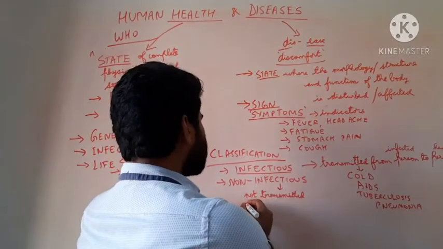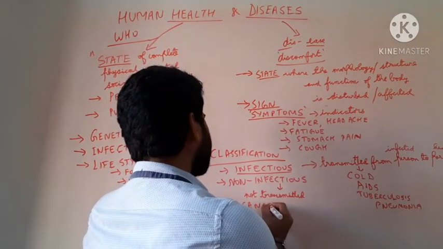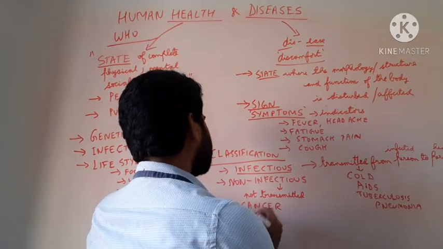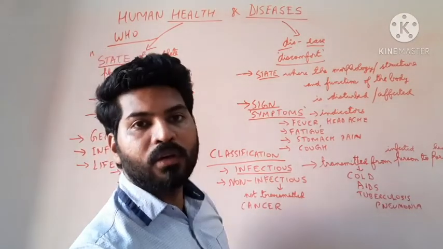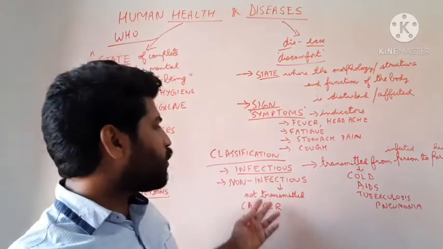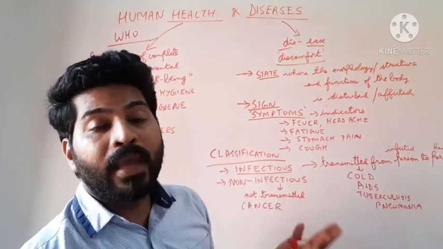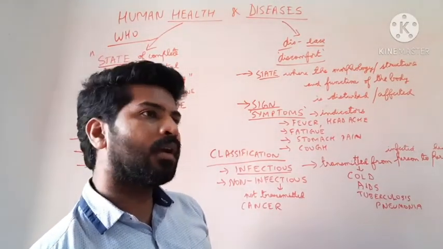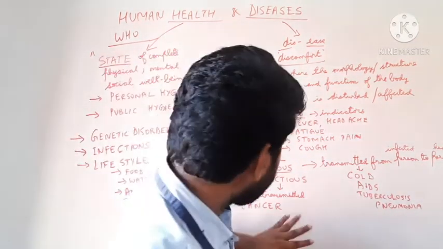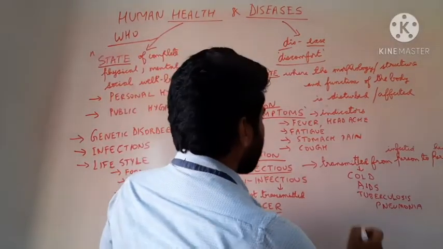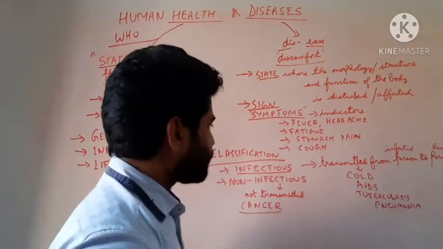Whereas non-infectious diseases include cancer. So cancer is the best example for non-infectious diseases. Other non-infectious diseases could be obesity. Of course, obesity is not a disease, it is a disorder. So that is about the classification of diseases.